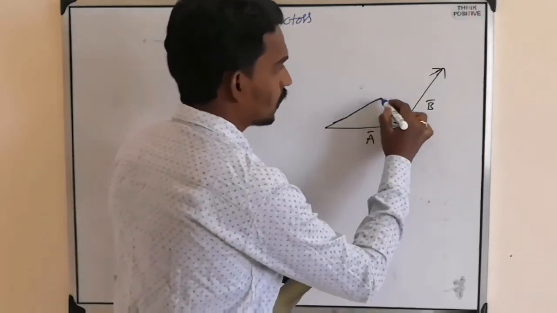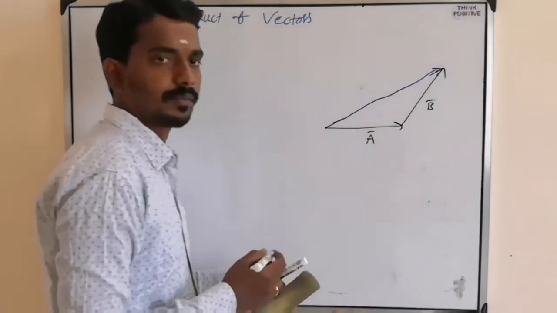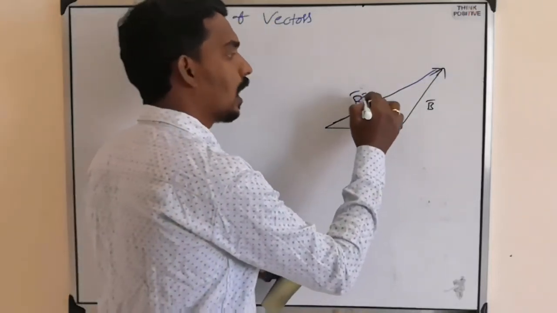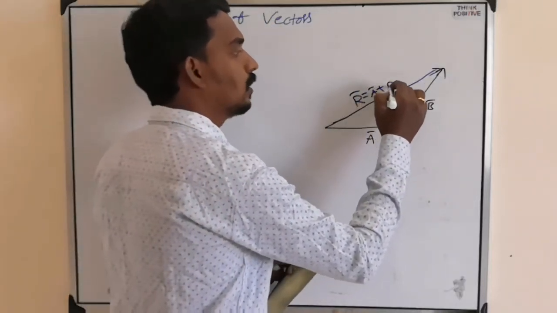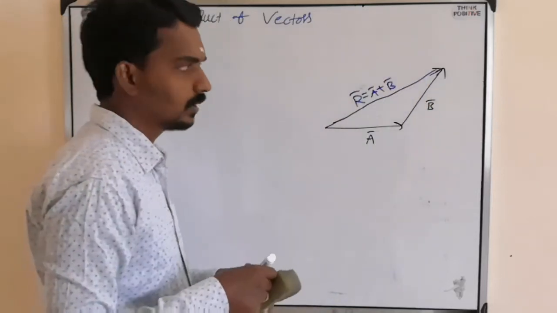So this is our A bar plus B bar, that is nothing but R bar.